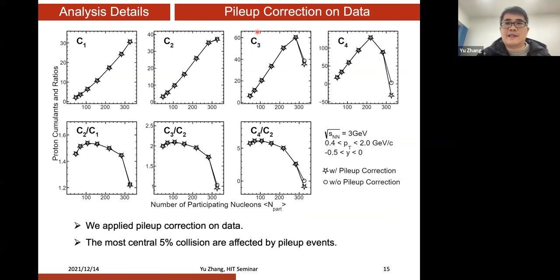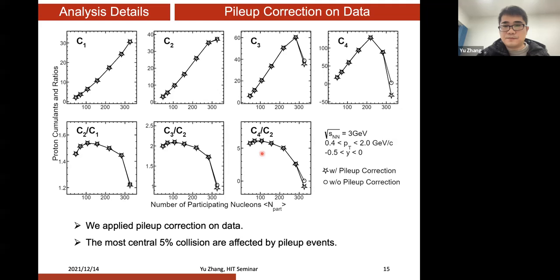We apply this correction on data. The cumulants up to fourth order are shown as a function of different centrality. The most central collisions are around 300 for Npart, and the most peripheral is 50 to 60.